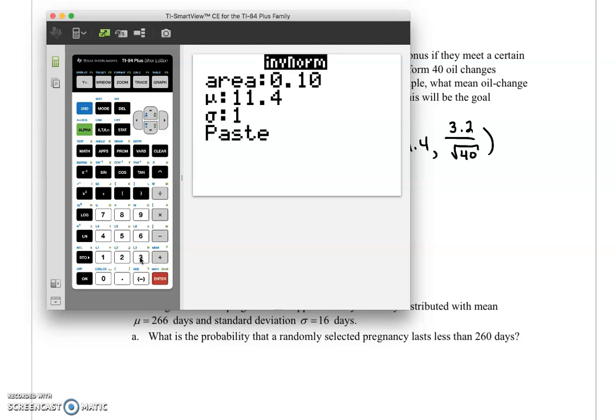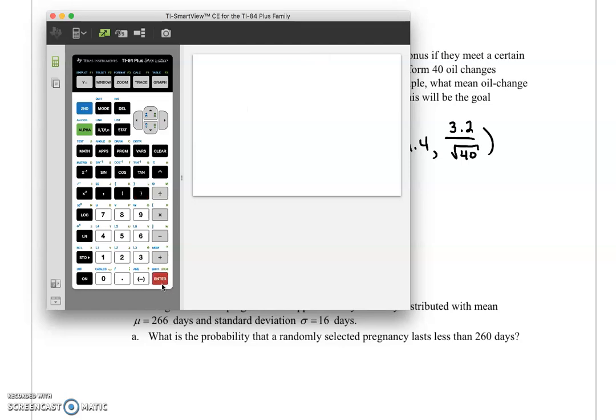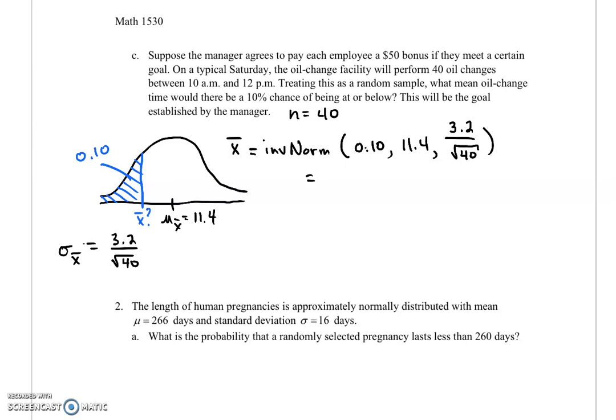And we're using the standard error of the mean, so 3.2 divided by the square root of 40. So we have 10.75. And that will be the goal established by the manager.